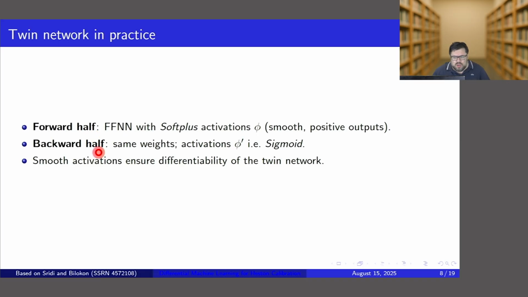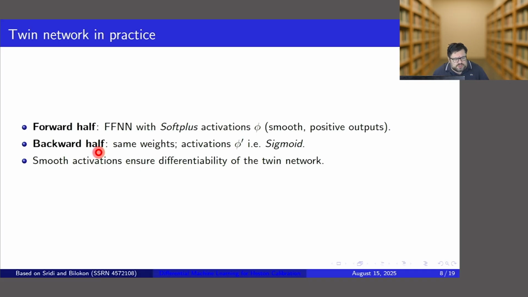Whereas the backward half shares the same weights but uses the derivative of the forward activation. Effectively, the backward activations are the activation's derivatives. For example, softplus's derivative is sigmoid. This twin structure enables the model to output price values, while the backward half naturally yields the gradient structure.